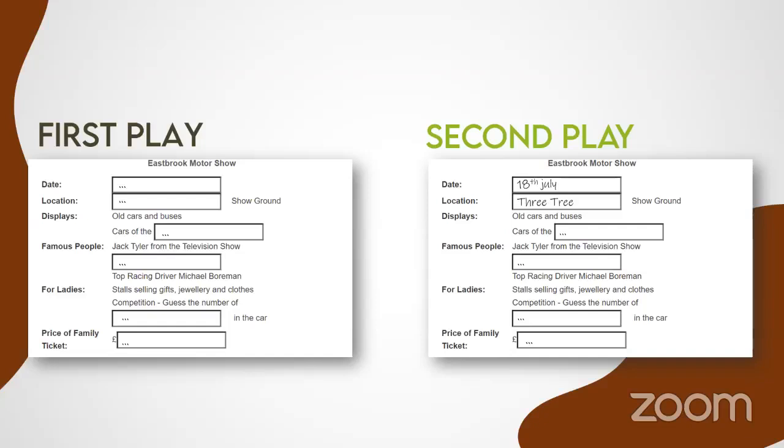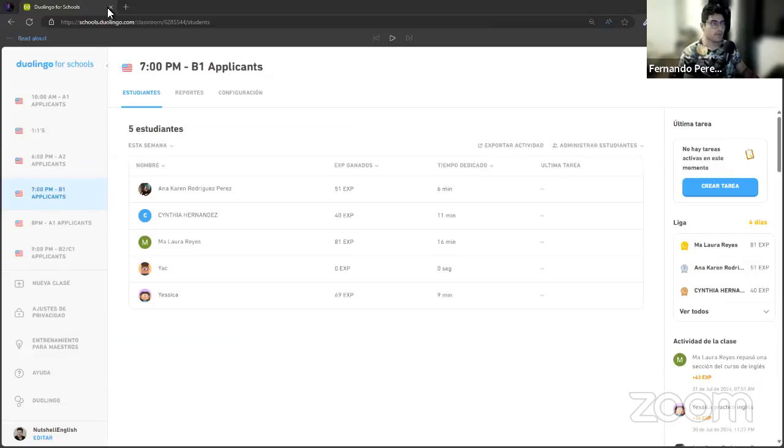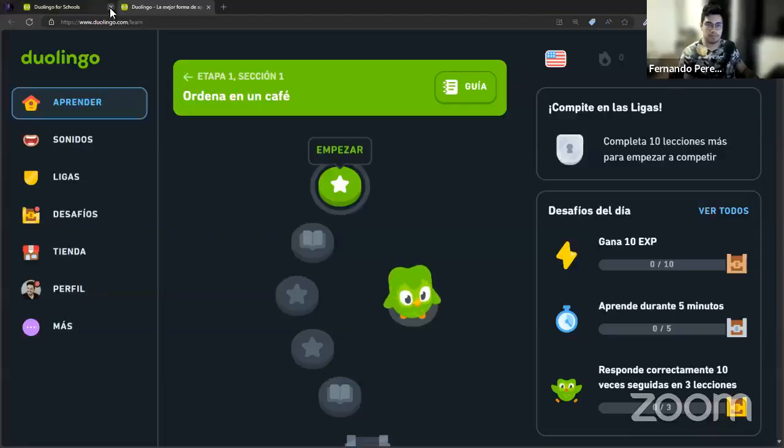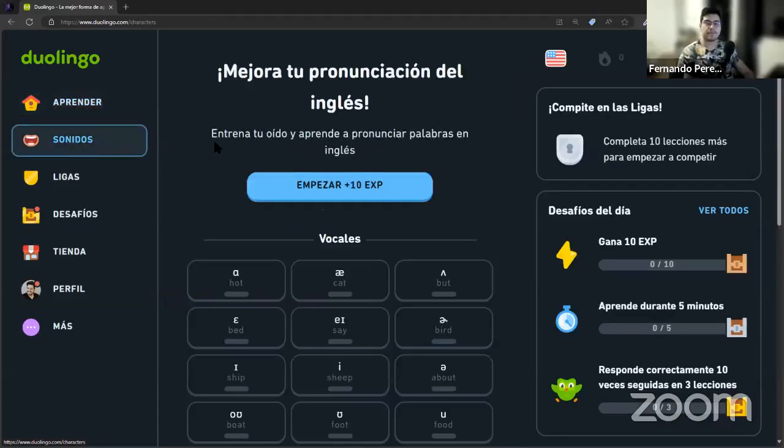Also, you can open your Duolingo, and on Duolingo you have sounds.